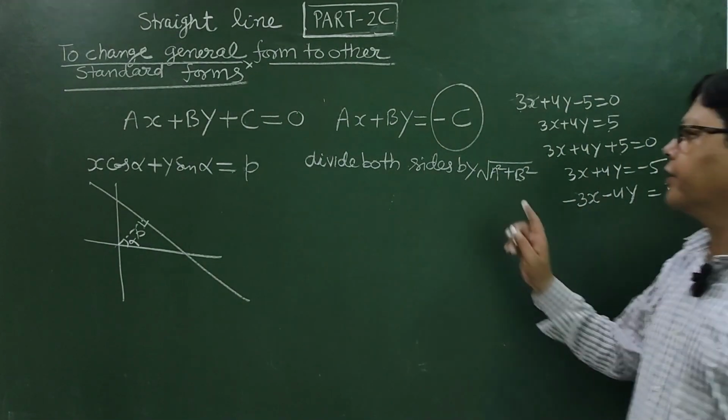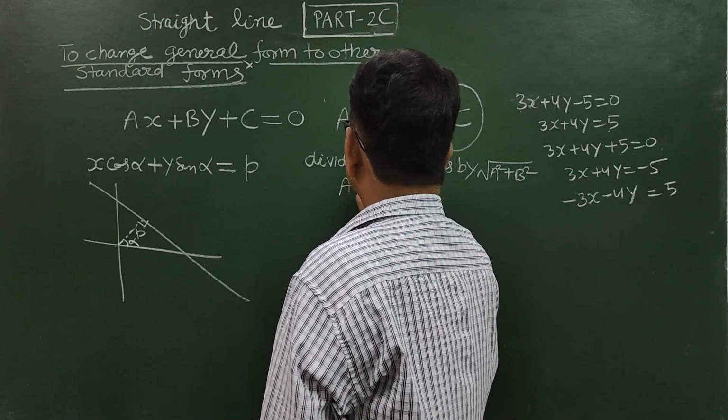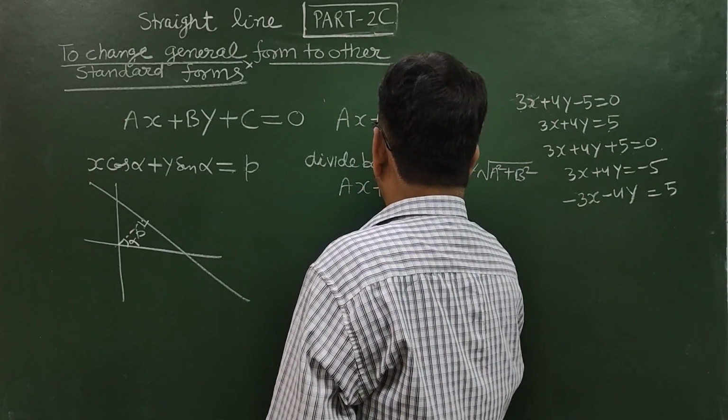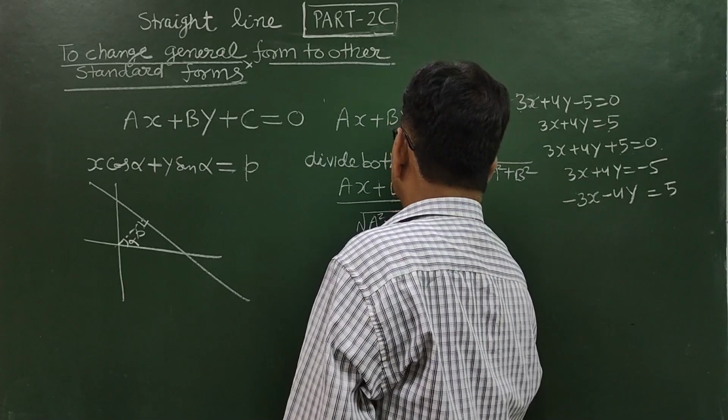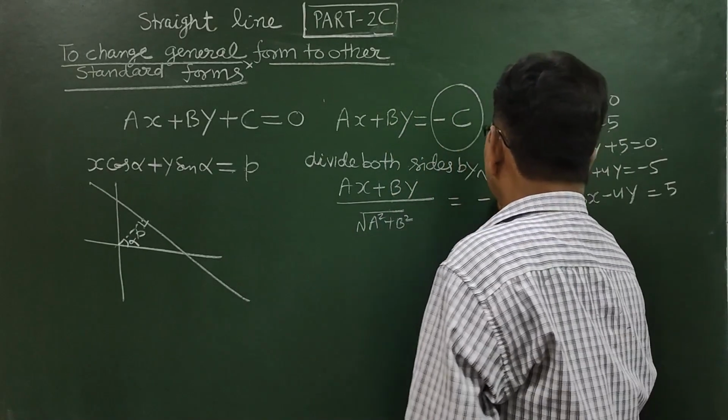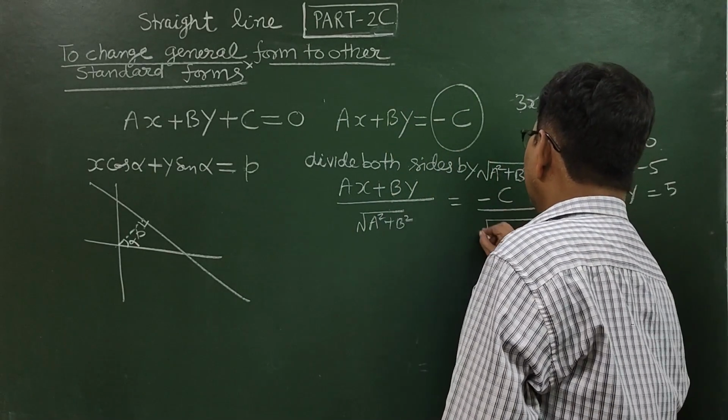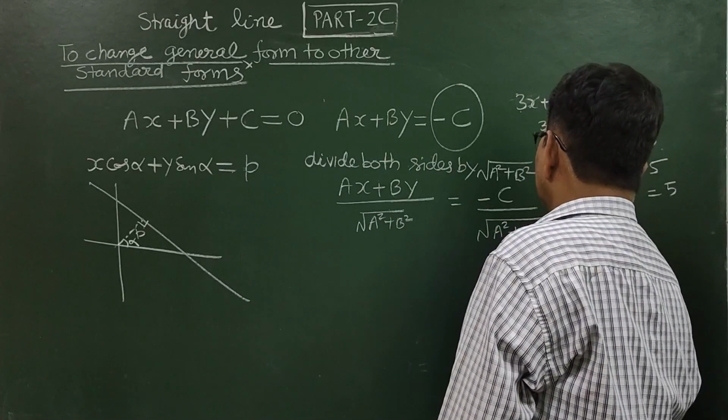So if we divide both sides, then ax plus by upon under root of a square plus b square is equal to minus c upon under root of a square plus b square.